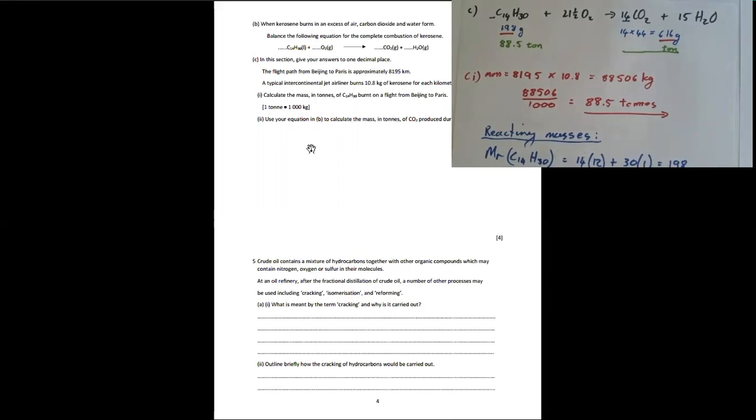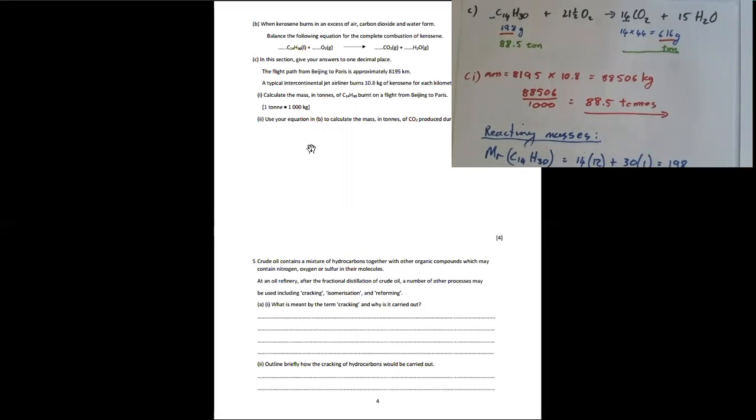So what does this mean? It means that 198 grams of this produces 616 grams of carbon dioxide. But we don't have 198, we have 88.5 tons.